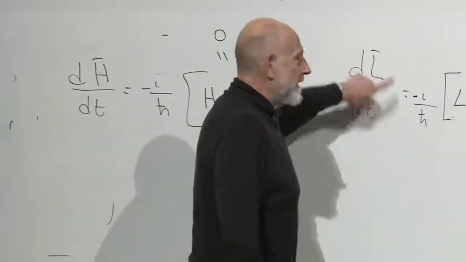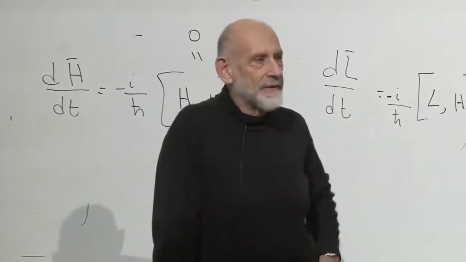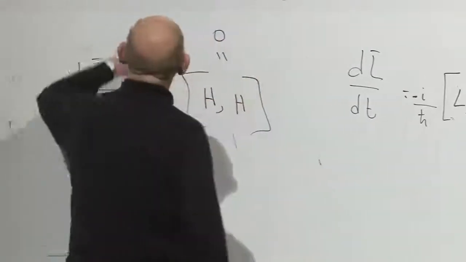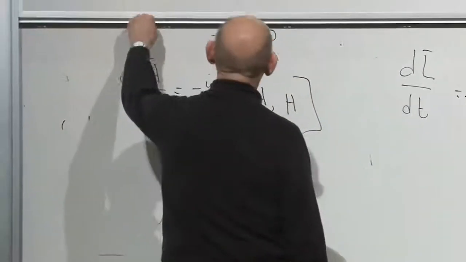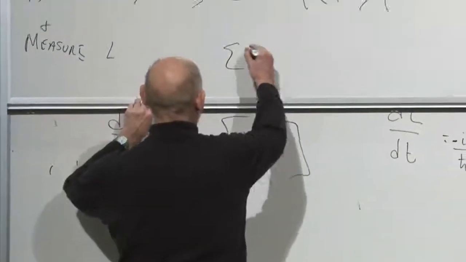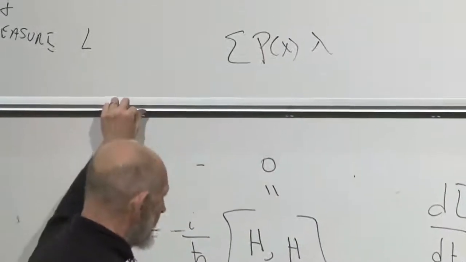X bar is the sample mean, mu is the population mean. Am I reading too much? Probably. I just mean the average, defined as the summation of probability of lambda times lambda.